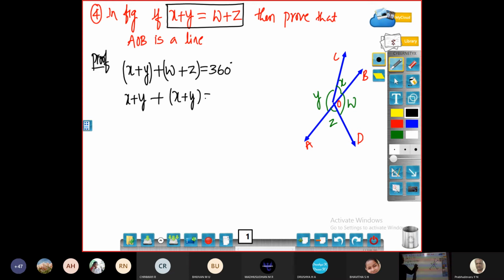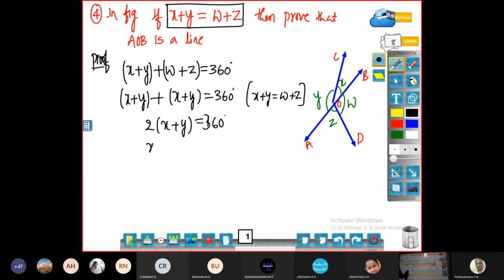So it is equal to 360 degree, because x plus y is equal to w plus z. We have substituted that one. So if we have here x plus y, how many times we have? 2 times. 2 times of x plus y is equal to 360 degree.